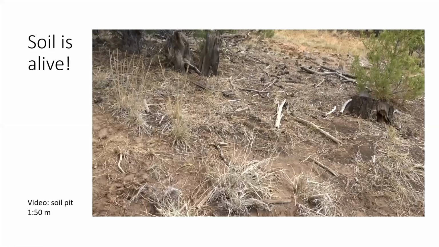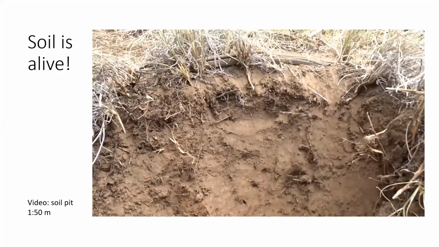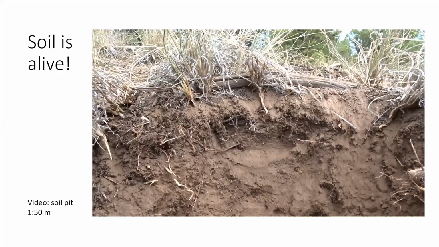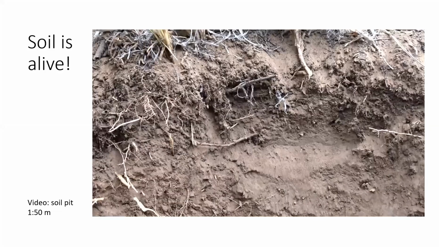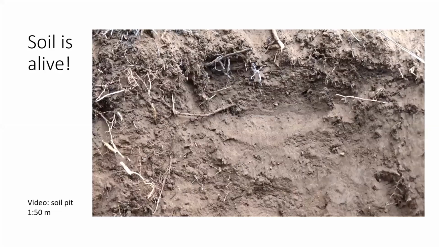And then we're going to zoom into this soil pit here, where you see the little rootlets of the grass at the top with very fine threads that maybe move slightly in the wind, which are, as I understand it, mycelium threads, mycorrhizal fungi associated with the rootlets that hold soil together.